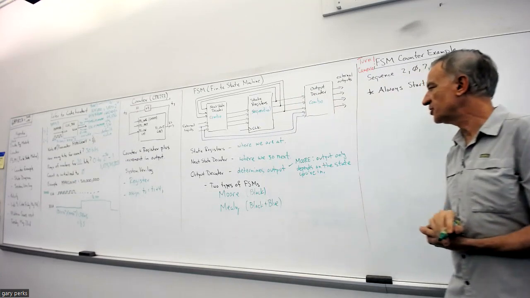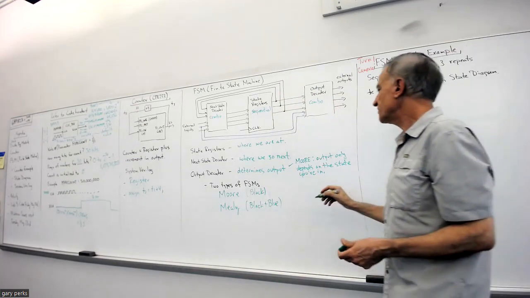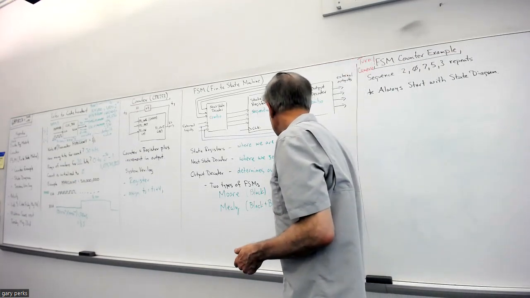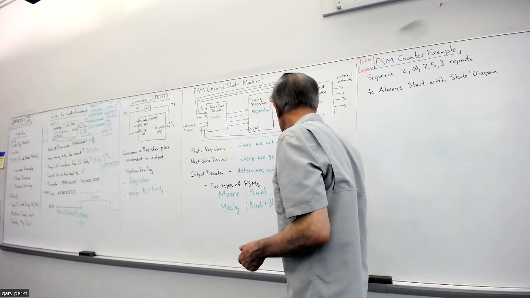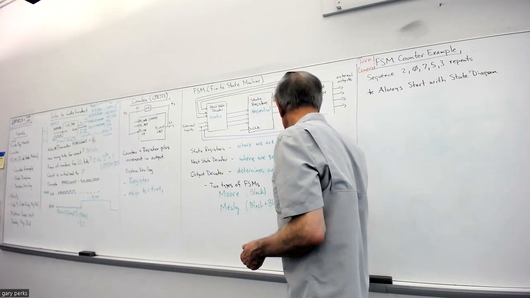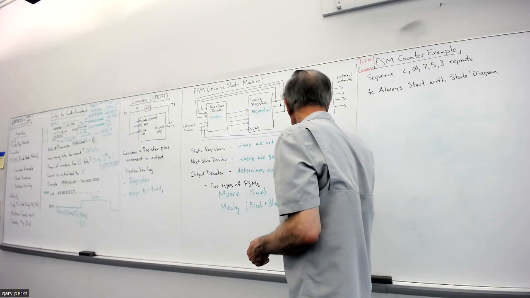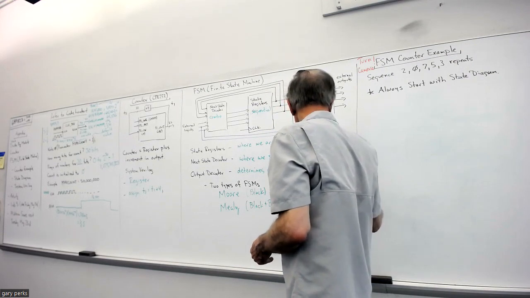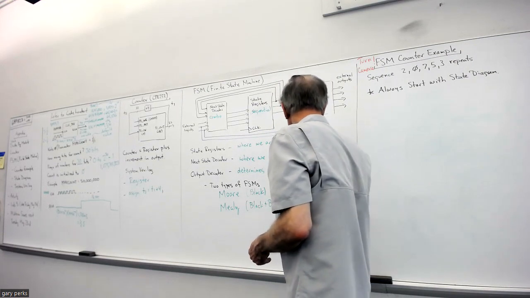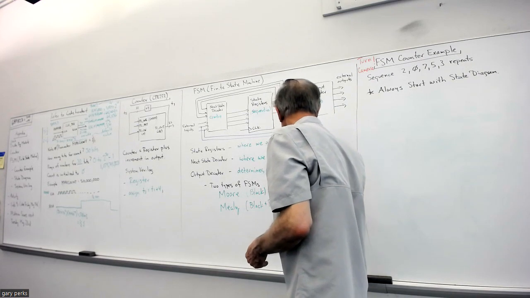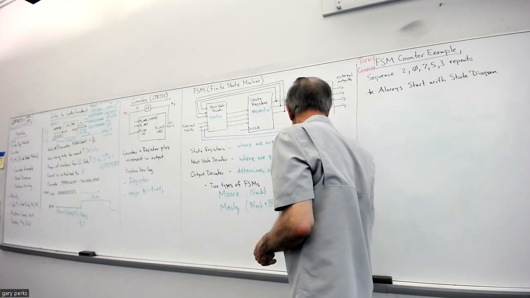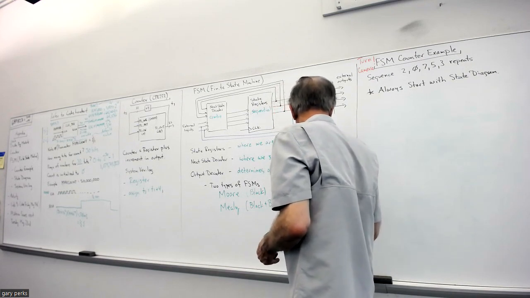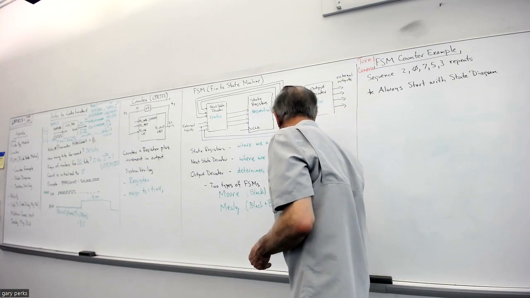Okay, so a Moore output only depends on the state. A Mealy output depends on the state and external inputs.